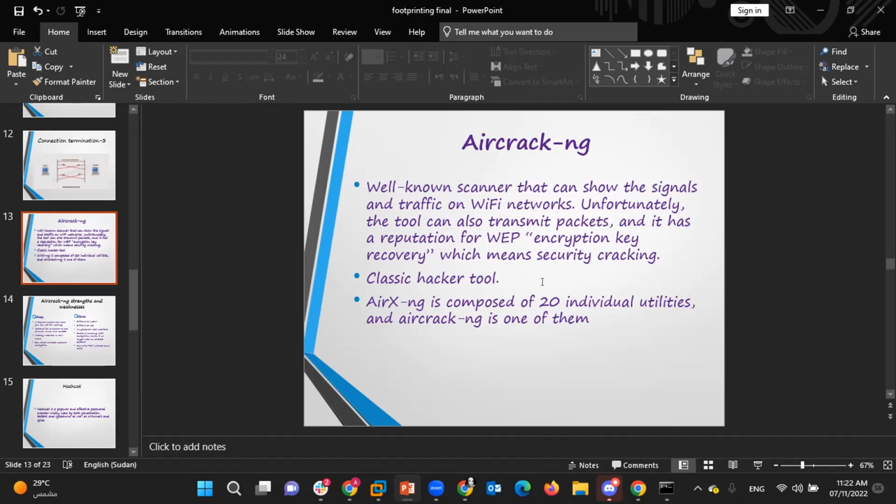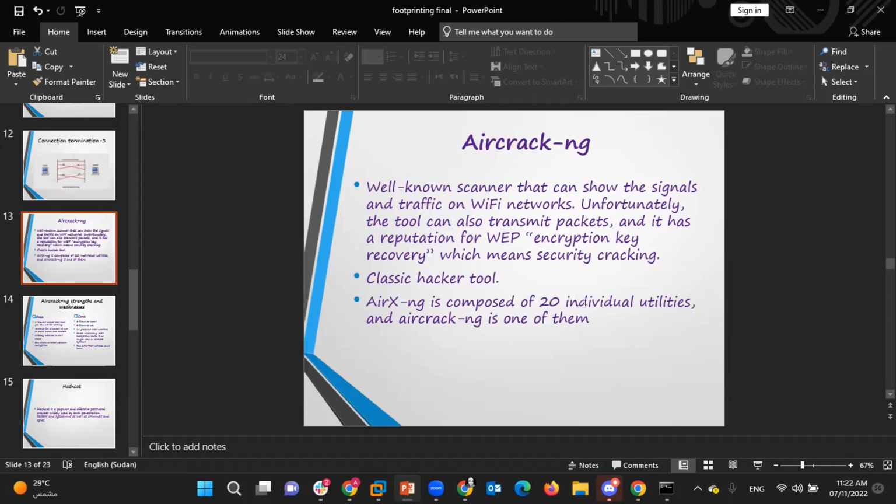It works in both ways, which means security cracking. It will break the encryption for Wi-Fi connections. It's an old tool, a classic hacker tool.